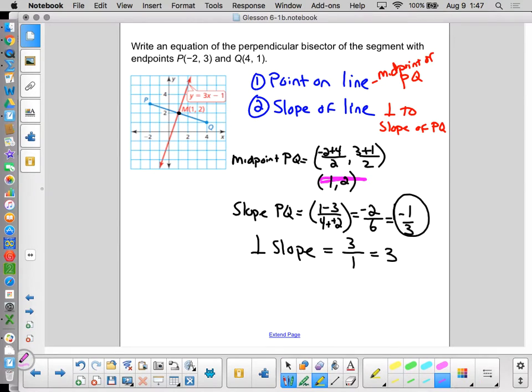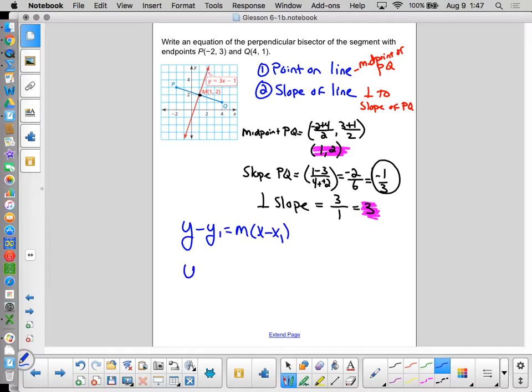Now I have my point, I have my slope, I can write my equation. Using point slope form, y minus y1 equals m times (x minus x1). y minus the y coordinate of my midpoint, 2, equals slope 3 times (x minus the x coordinate of my midpoint, 1).